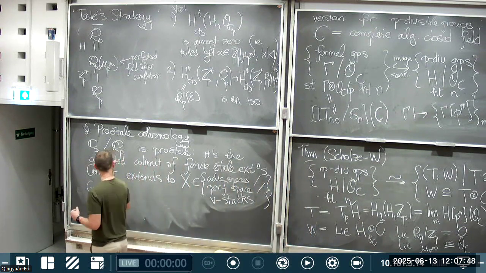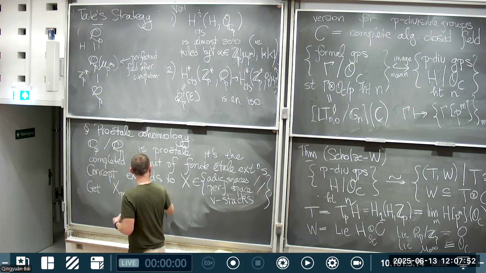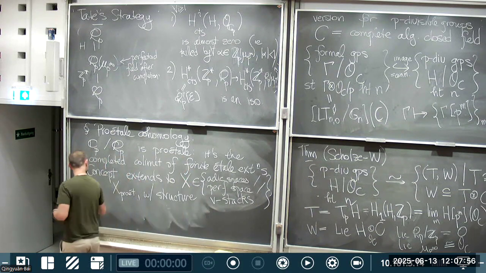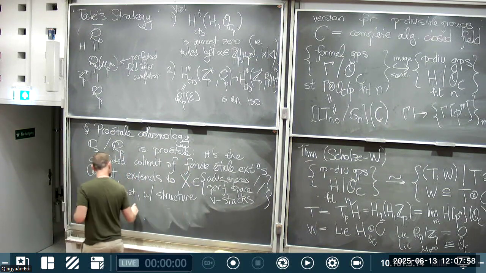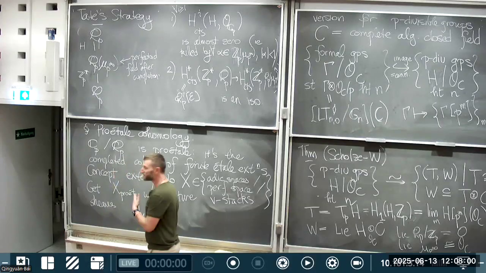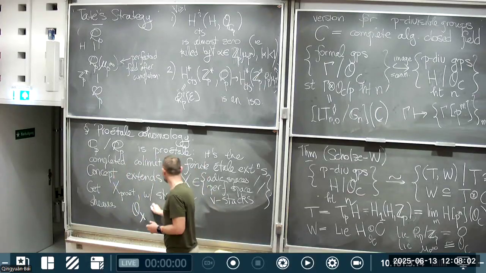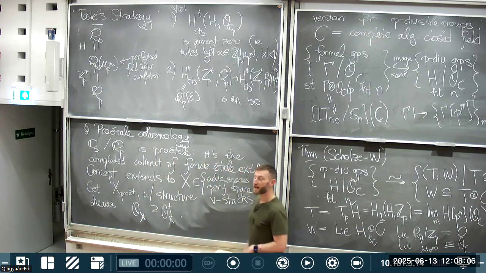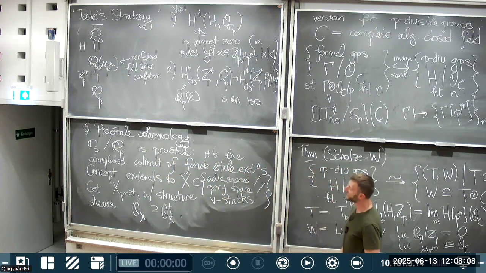So we get a site X pro-étale. And on that site, we've got sheaves. I'll just write those as O_X and O_X plus.